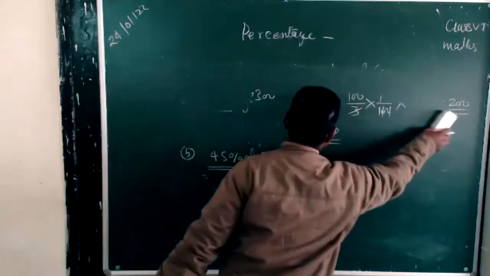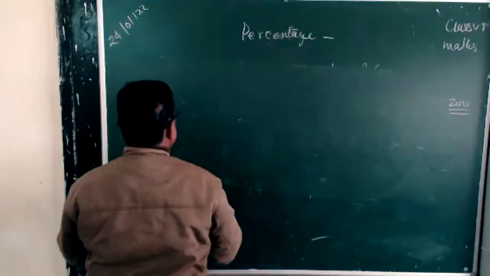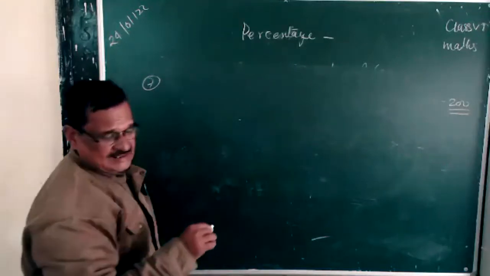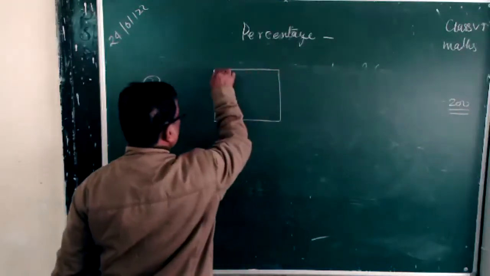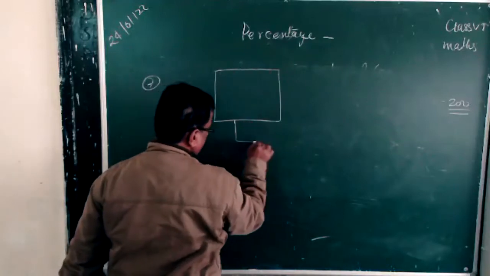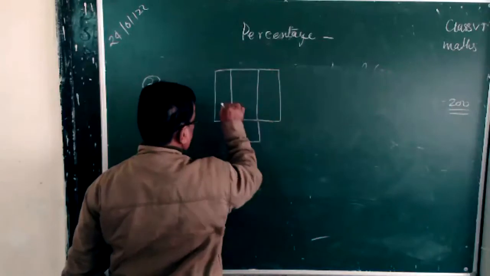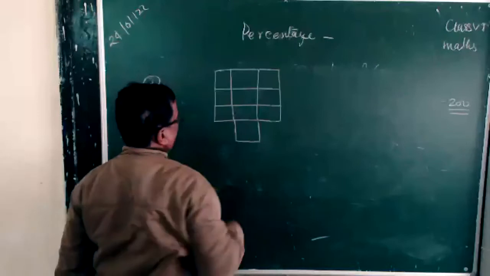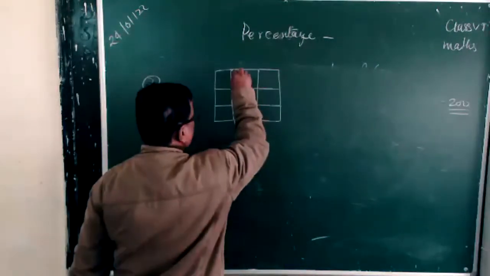Question number 7. I am making the diagram here. One question I tell here only, and then you complete it. How many figures are here and how many are shaded? This figure is shaded.